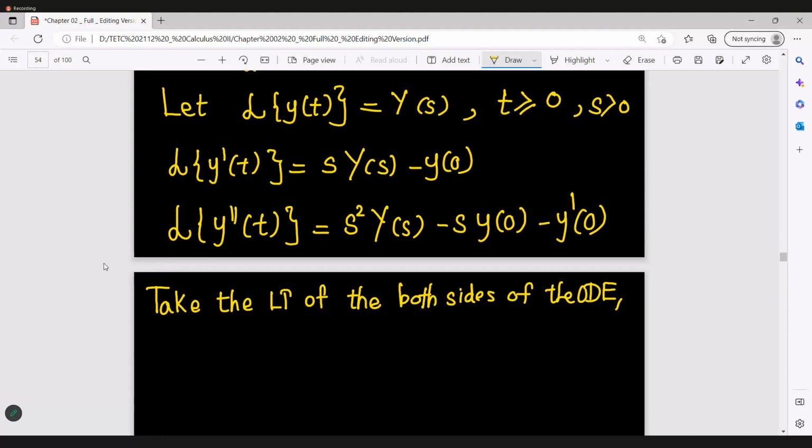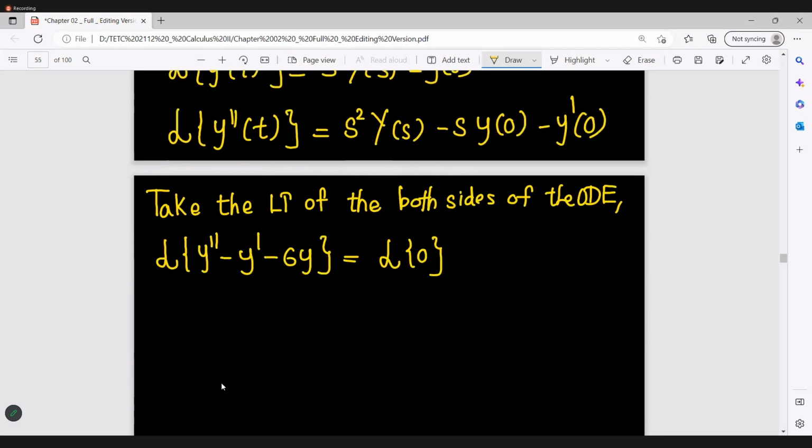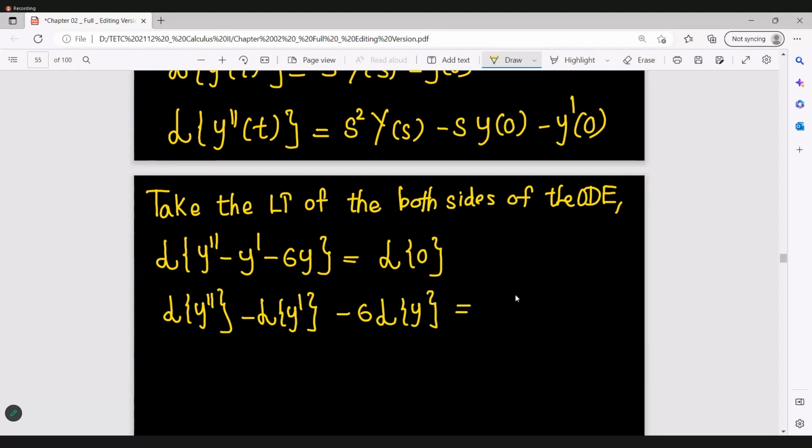If we take the Laplace transform of both sides, then we can take the Laplace transform of y double dash minus y dash minus 6y, which is equal to the Laplace transform of 0. So we can write this as the Laplace transform of y double dash minus the Laplace transform of y dash minus 6 times the Laplace transform of y, and the Laplace transform of 0 is equal to 0.